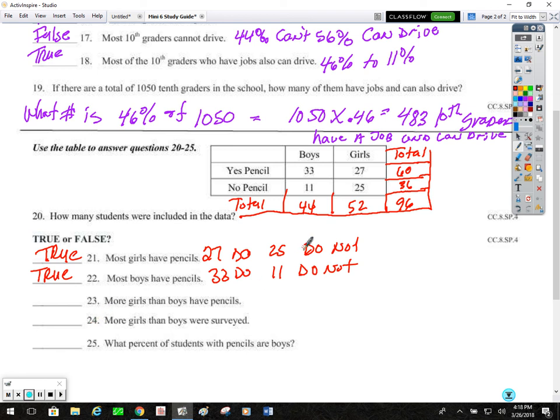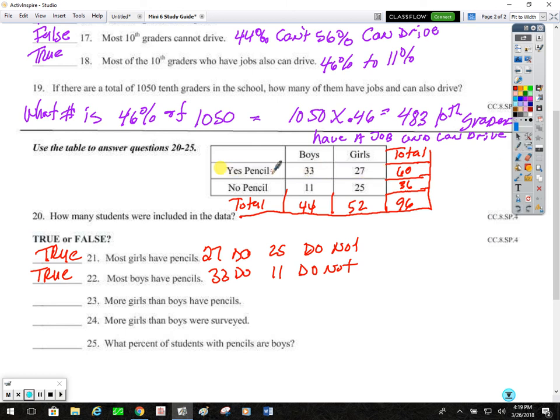More girls than boys have pencils. Okay. Again, so all I'm looking now is this category right here. Now I'm talking about just having pencils. Now we're going to compare the boys and girls that have pencils. Well, now I'm locked myself into this category. So that's the number I'm looking for here. Well, if I look at that category, then I can say, okay, let's, what do we have?